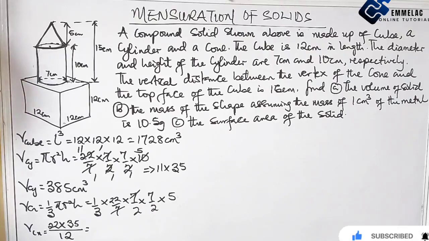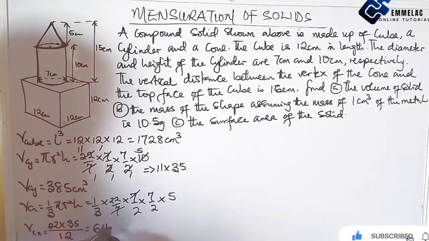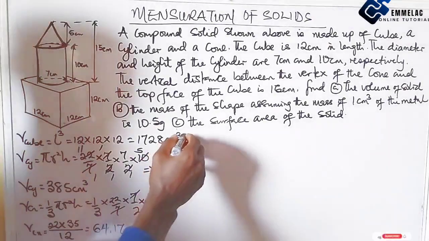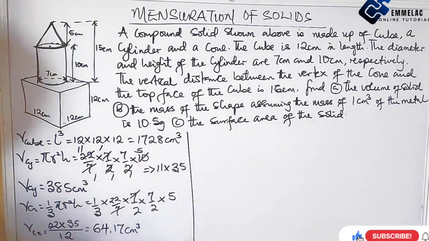Here you have 22 times 35 divided by 12, which gives 61.17 centimeter cube.